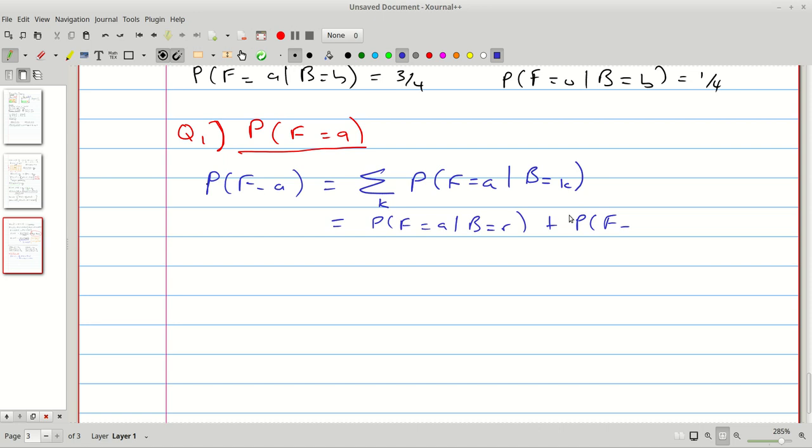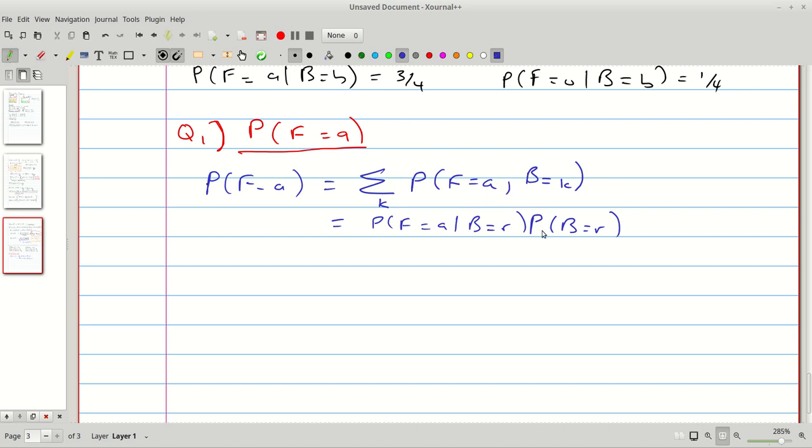times the probability that the box equals R. I made a mistake here. The summation rule is not given, it is a comma here.